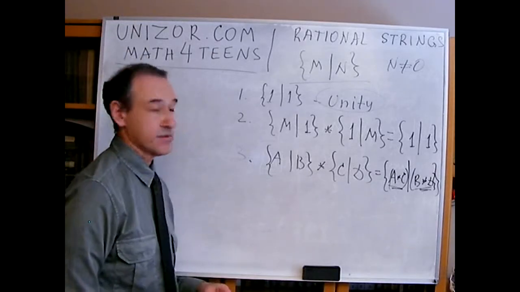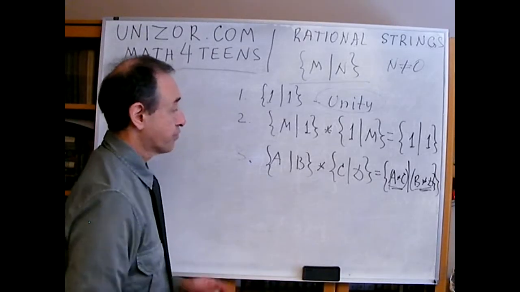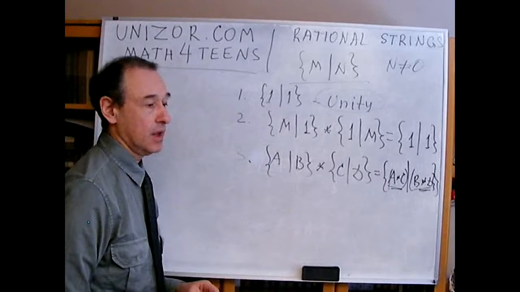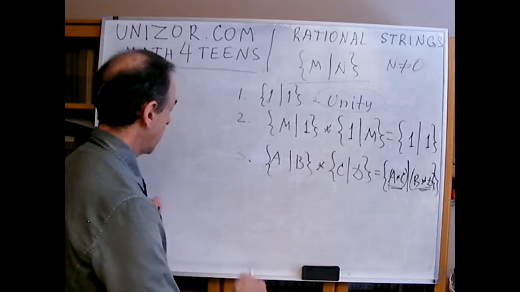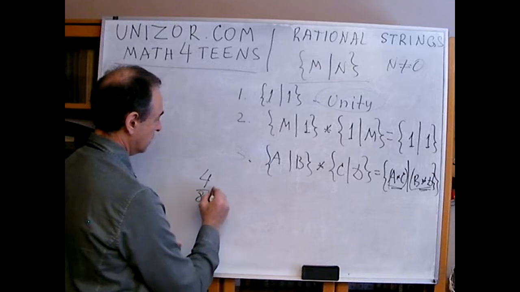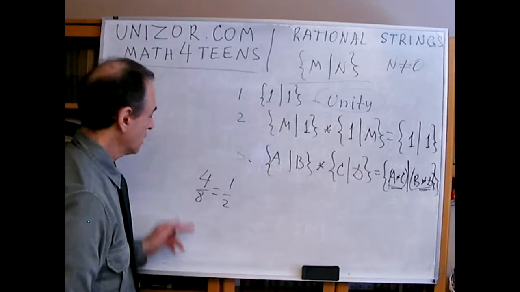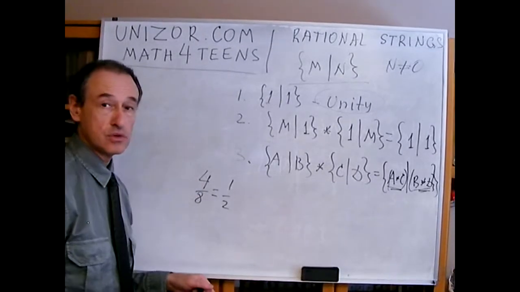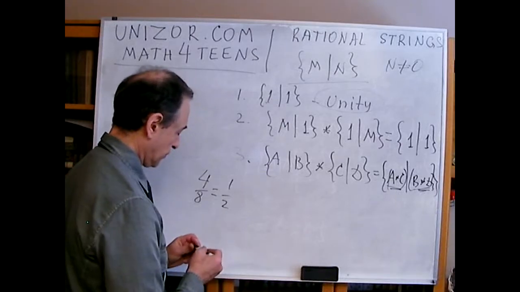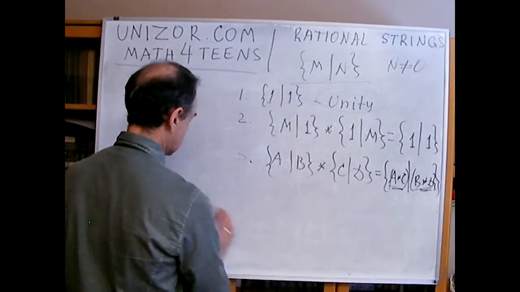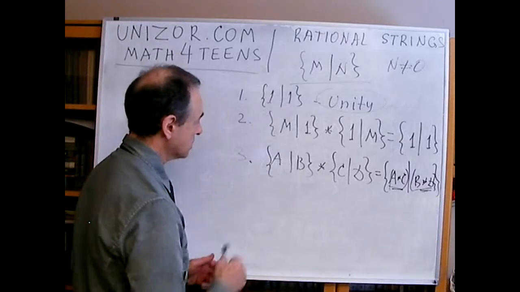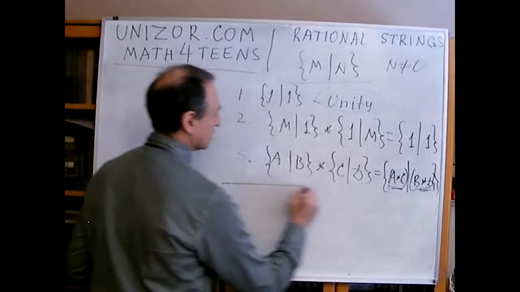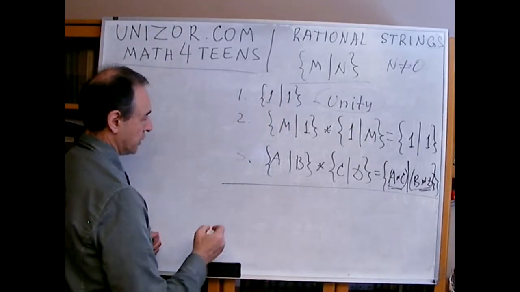As a consequence of this, let me prove a very simple property of these numbers. You know that if you have a fraction, let's say 4 over 8, you can always reduce it to 1/2. So if there is a common multiplier in numerator and denominator, you can reduce the fraction to get smaller numbers in both numerator and denominator. So let me do something similar with this. The property which I would like to prove is the following.